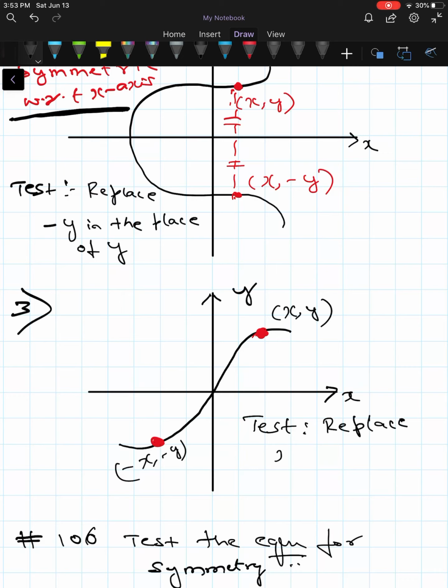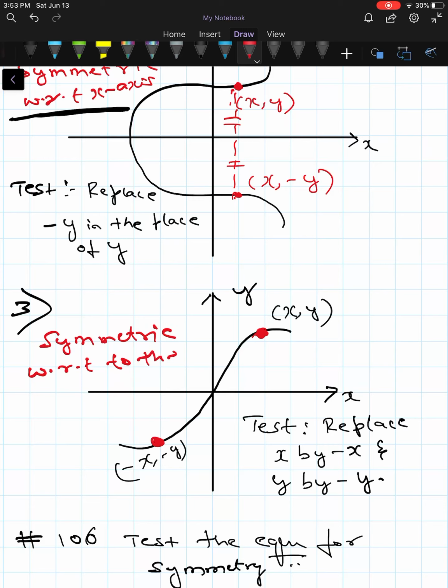Replace x by negative x and y by negative y. So that is the test. And what is the type? Symmetric with respect to the origin. So here is our origin.